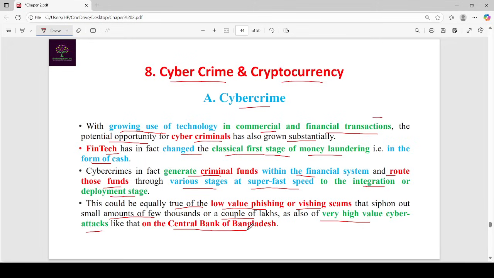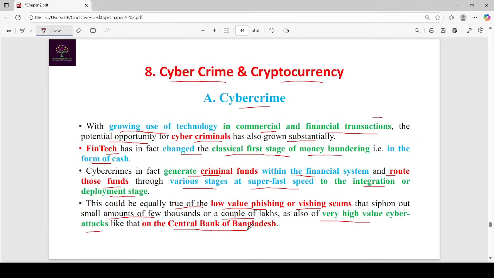These cyber criminals generate criminal funds by phishing or vishing scams. From those scams, they generate funds, which may be small amounts, thousands or lakhs, or sometimes very high value.